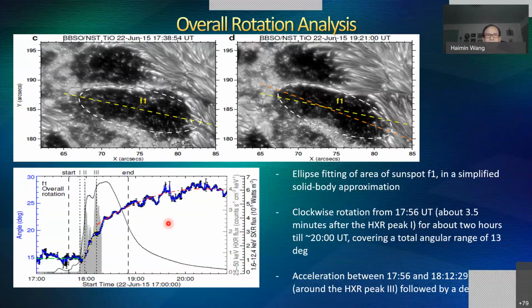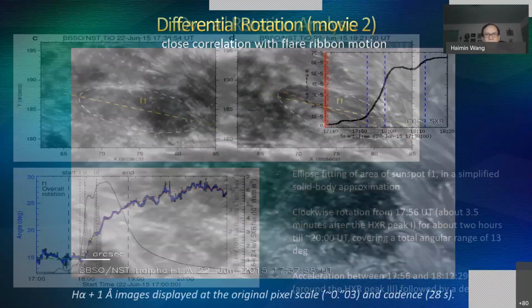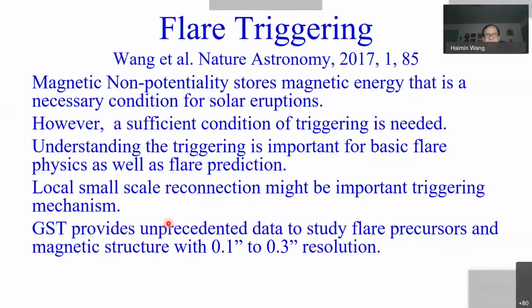But this is the first time we see such clear evidence the flare can cause the rotation of a sunspot. Its interpretation, although we have some physical understanding, but there is no simulation to explain this phenomenon yet. Okay, so this is what I already showed.